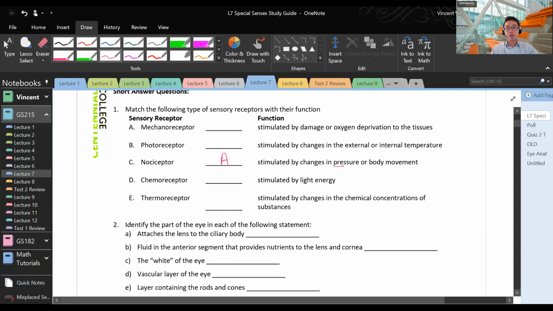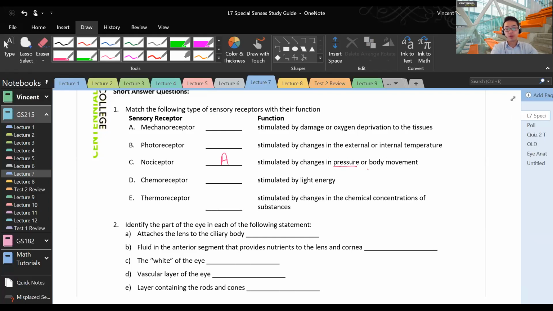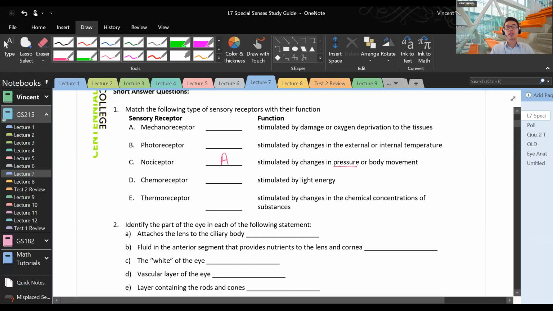So pressure would be, for example, if you're poking at the skin. If you poke it harder, then you're going to have mechanoreceptors that are located deeper in the skin to detect that. Or if it's just a gentle stroke on the skin, then you have mechanoreceptors on the surface that would detect that.